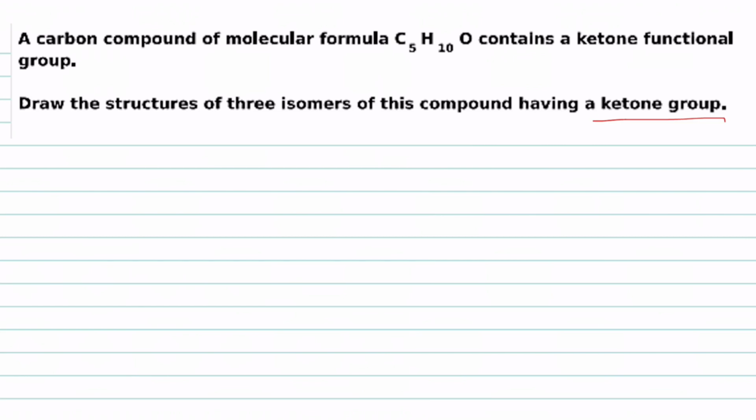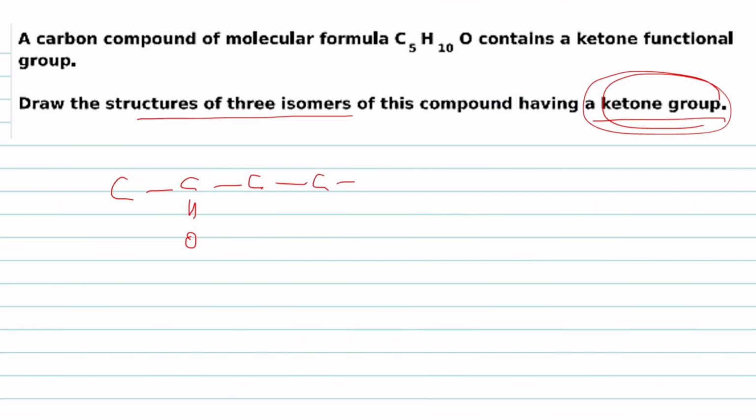So any ketone will have a corresponding aldehyde which would have the same chemical formula but obviously a different structure. But here they have asked about isomers having only the ketone group. So let's see. Ketone, we know, is not a terminal functional group. That means the ketone group, this C double bond O group, has to be between two carbons at least, right?